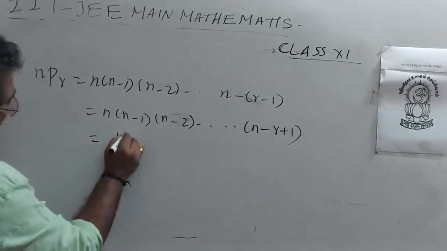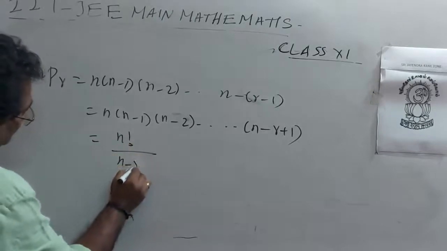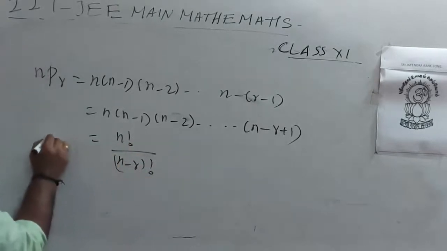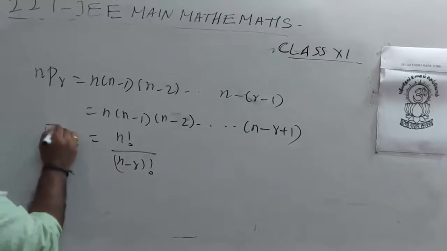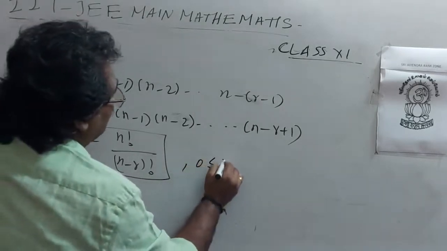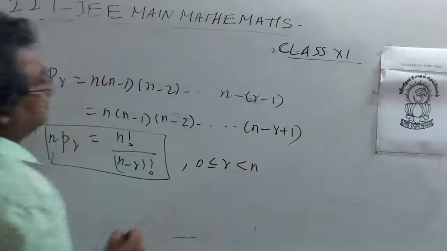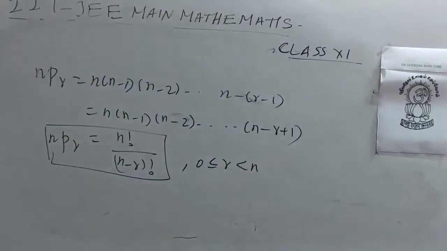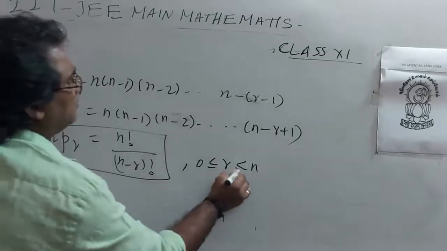That is nPr equals n factorial by n minus r factorial, where r is greater than or equal to 0 and less than or equal to n.